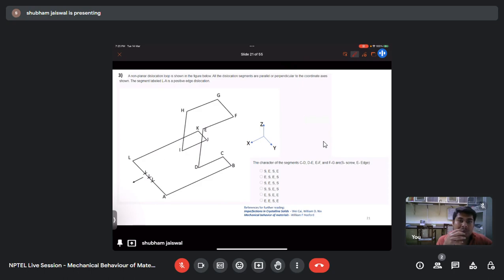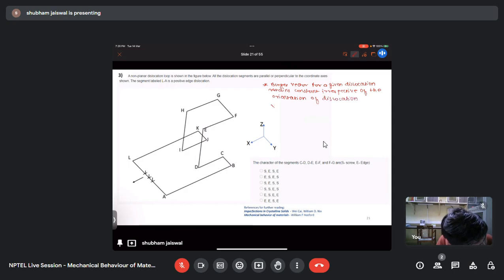So the first thing that we need to remember is that the Burgers vector for a given dislocation remains constant irrespective of the orientation of the dislocation.